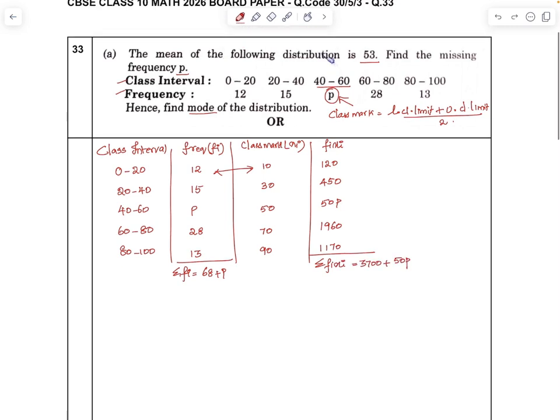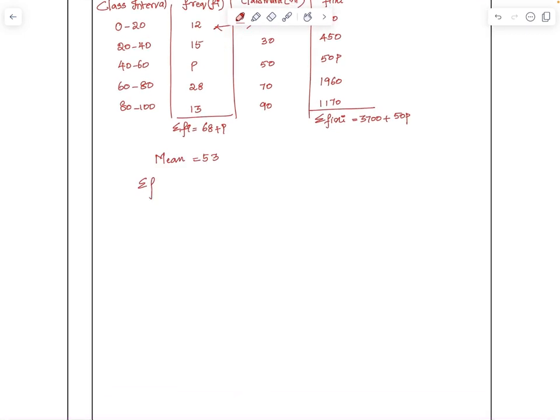The mean given in the question is 53. Mean is nothing but sigma Fi Xi upon sigma Fi, which is 53.